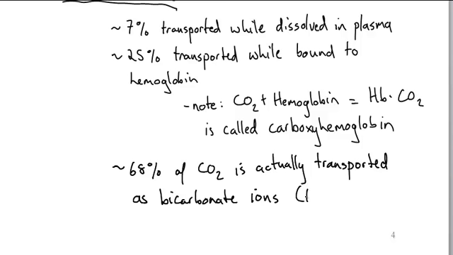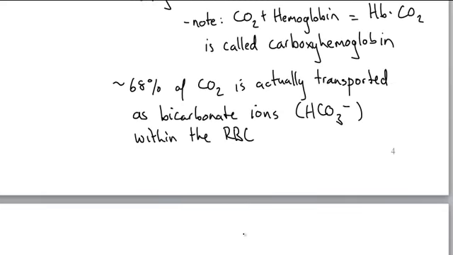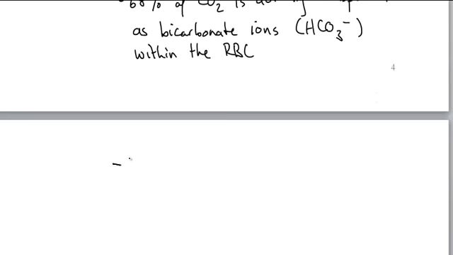Bicarbonate ions have the formula HCO3 negative, and the bicarbonate ions are located within the red blood cell. So if that leaves you asking, what? No problem. What is this bicarbonate thing about?